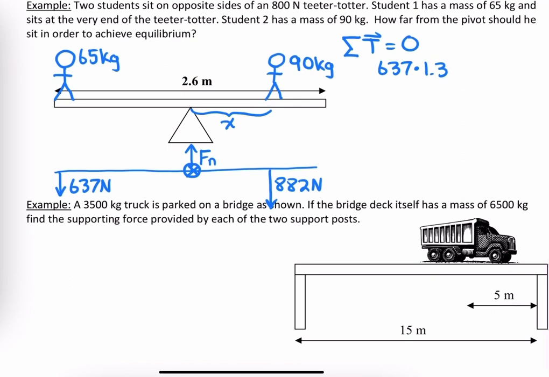Well, this guy is trying to spin the teeter-totter this way, so that's counterclockwise, so that'll be a positive torque. Now let's look at my 882. That's my force. It's at a distance of x from the pivot. And it's going to try and spin the teeter-totter clockwise, so it'll be a negative torque. So a negative torque, that's 882 times x.